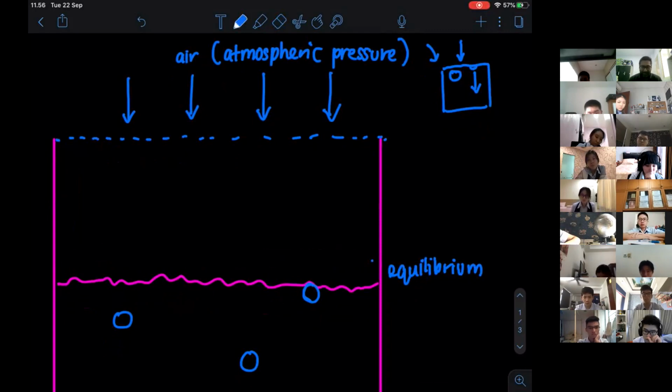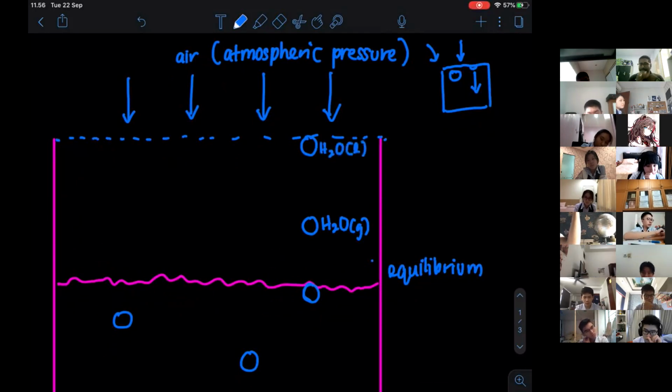When water molecules change into gas and go up, because of the atmospheric pressure, they will change back into liquid. They will lose their energy, change into liquid, and then drop down. Whatever water molecules go up, they will come back and drop down.